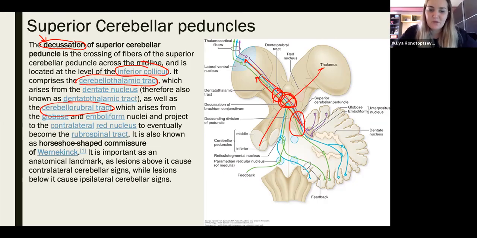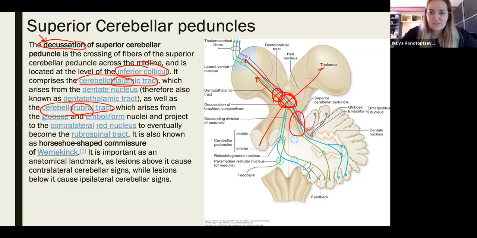Does it make sense? Cerebellothalamic and cerebellorubral tract. What exactly the thalamus and red nucleus do, we'll talk about next class, but for sure you can understand they have something to do with movement, right? Thalamus, red nucleus, rubrospinal, corticospinal, for sure it has something to do with movement.